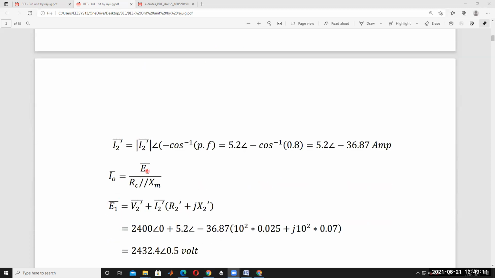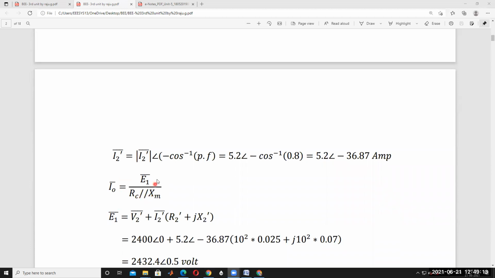Then I0 is equal to E1 divided by Rc parallel with jXm.